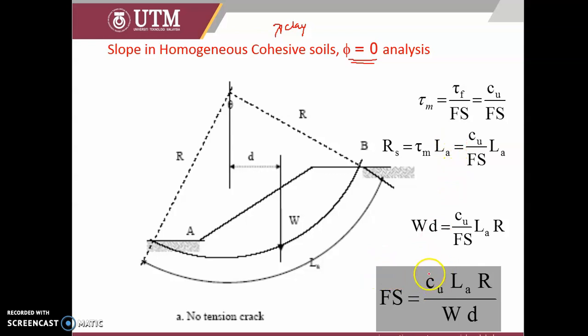The first factor that tries to resist the failure is the cohesiveness of the soil, the length parameter, and also the radius. So the moment that induces the failure is the weight and also the distance to the origin point. Okay.